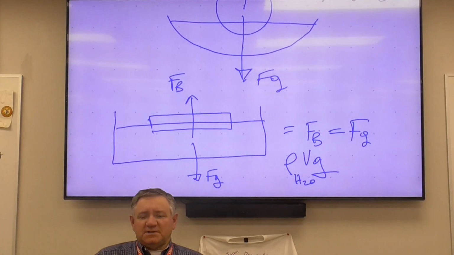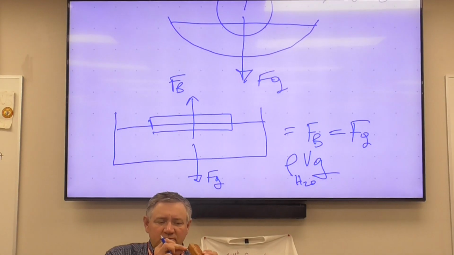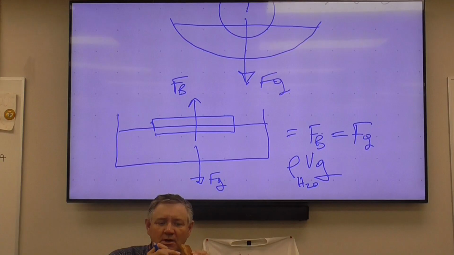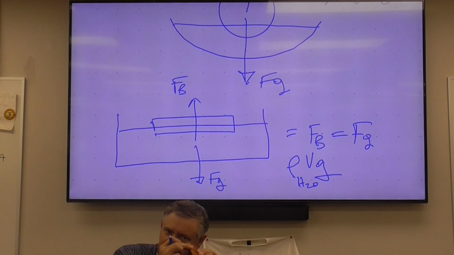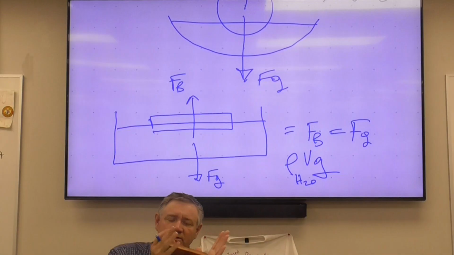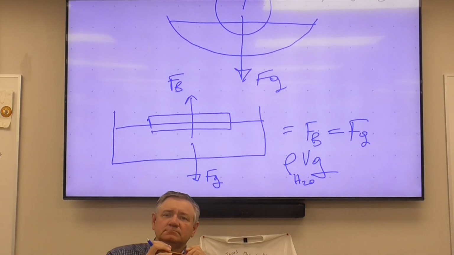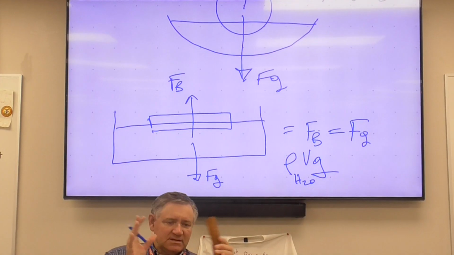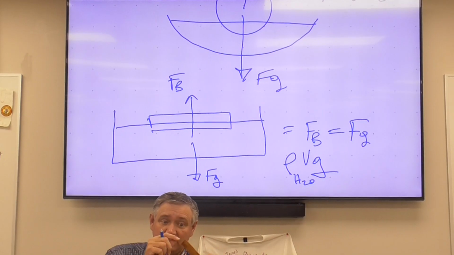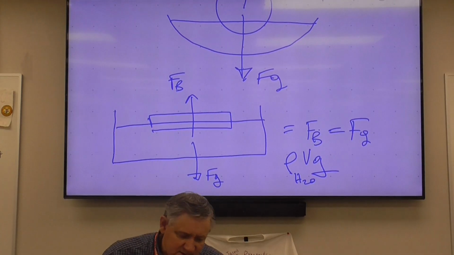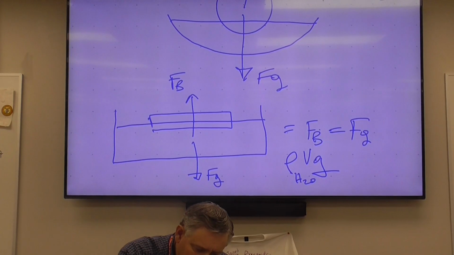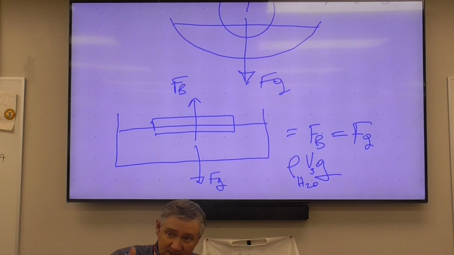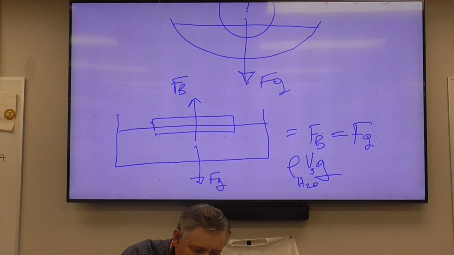On the volume side, do I use the volume that was submerged, the volume that was above the water, or the total volume? Submerged. Why? Because that's how much water it displaces. That's what it's displacing, right? So this is going to be the volume that is submerged, not the total volume. And then I've got g, no struggles there.